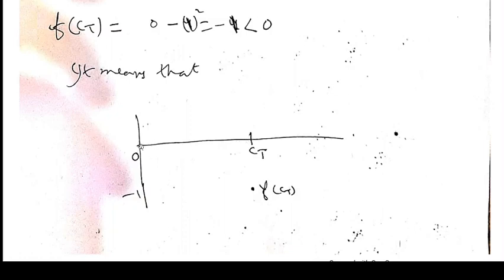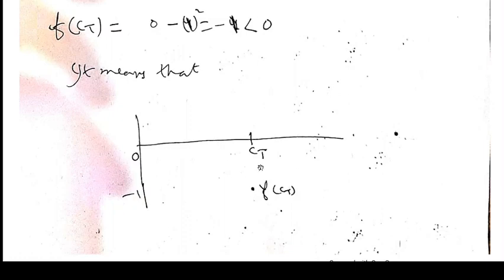We have seen that f of 0 is equal to 0, and the value of f of ct is minus 1. So the graph will be like this. It can go from here, then there, and end here.